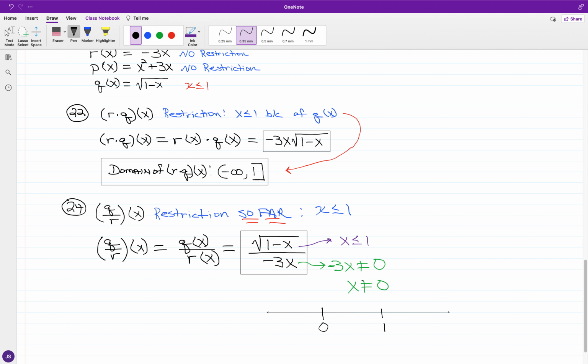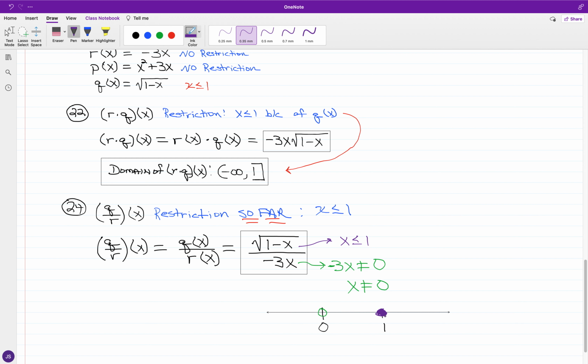Okay, so x cannot be equal to 0, I'll just put an open circle over this. Now for x is less than or equal to 1, 1 is included, so you're going to have a solid point.